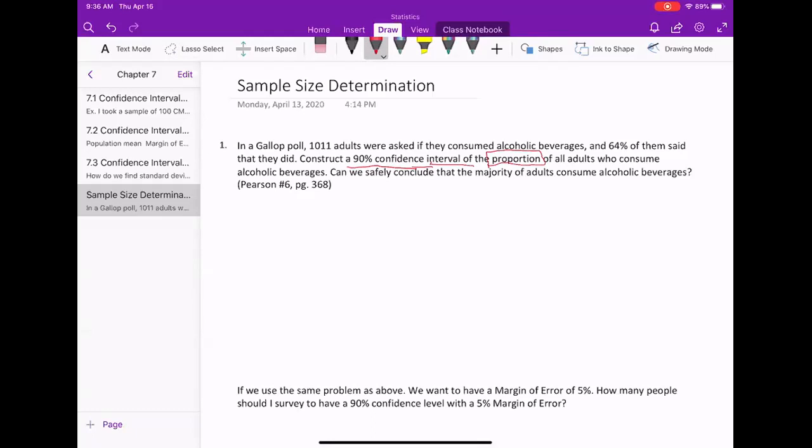So if you go to your pullout, we have the formula. P hat minus E is less than P is less than P hat plus E, right? So that's the formula we have to use, and I know this because it is a proportion problem.